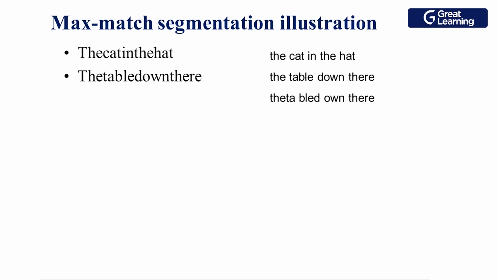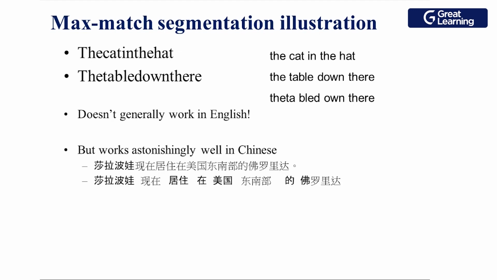Okay, so this doesn't work nicely in English, but of course, as I mentioned, you can use probabilities learned from a large collection of documents to figure out which one is correct. It doesn't work in English just by itself. But interestingly, the way people write Chinese, it has evolved such that there are no prefixes. Chinese is a prefix-free language, or at least reasonably prefix-free. What does that mean?